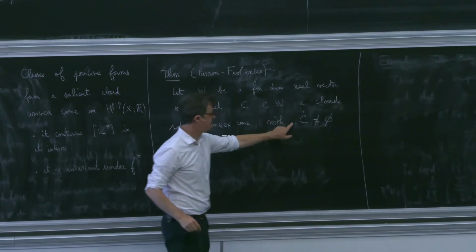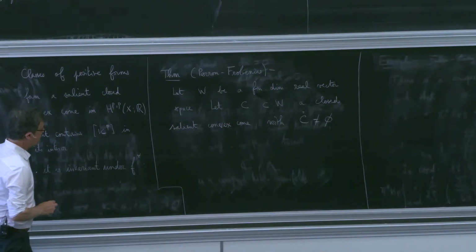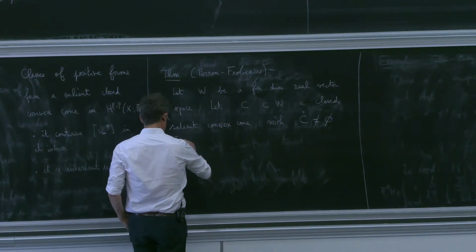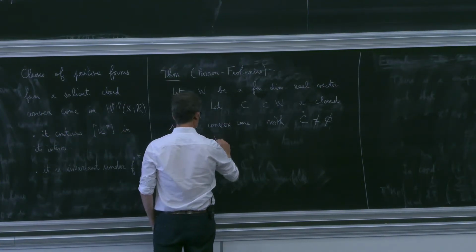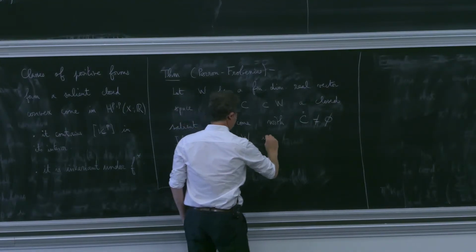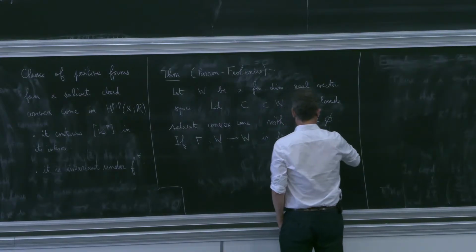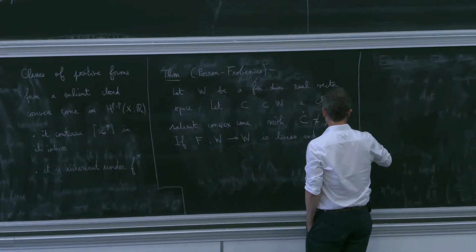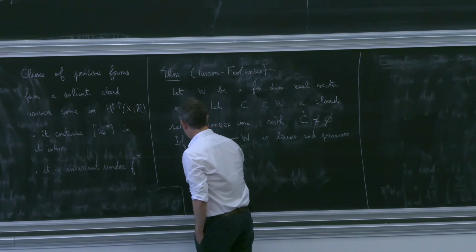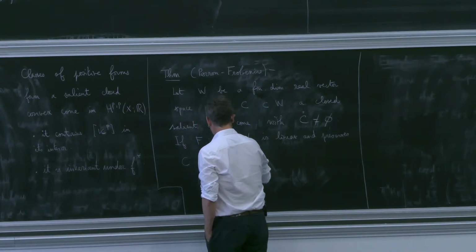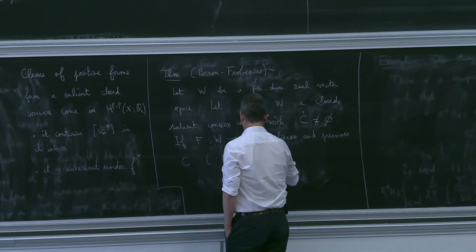Okay, so this is the interior of C and it's not empty. Now, if F from W to W is linear and preserves C, in the sense that F of C is contained in C.